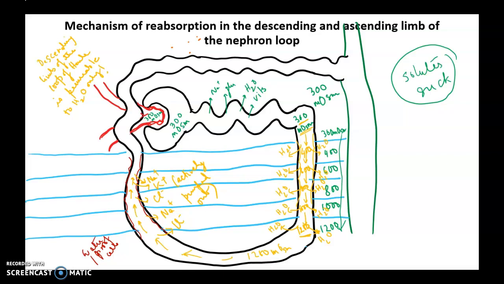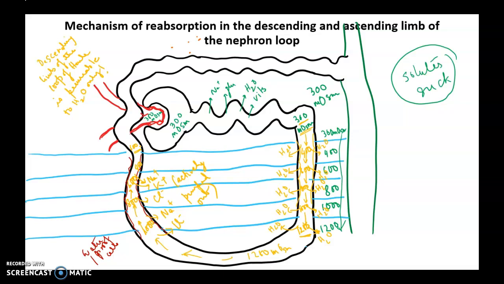Sorry, you are taking out salt, so the filtrate is now getting dilute. Here, it will go from 1000 to 800, 600, 400, and ultimately when it reaches the distal convoluted tubule, the filtrate will have a concentration of 100 milliosmoles. That will be the osmolarity of the filtrate when it reaches the distal convoluted tubule.